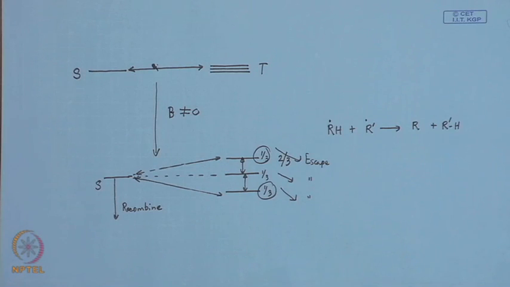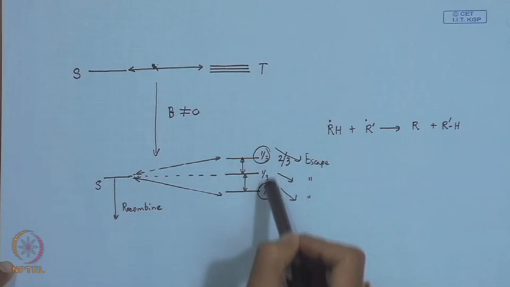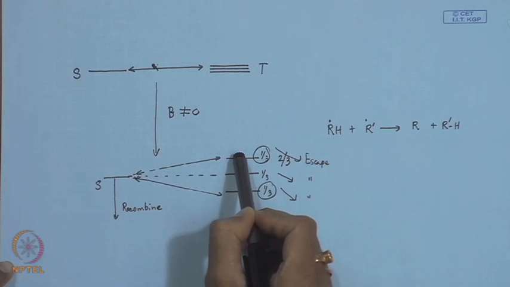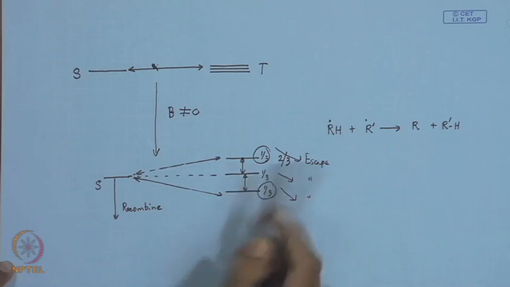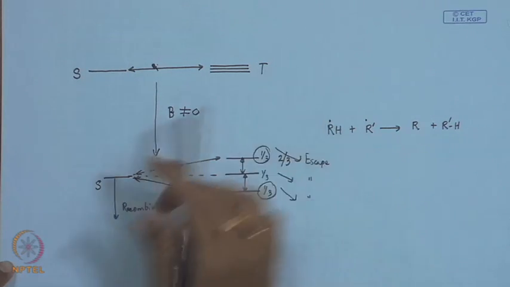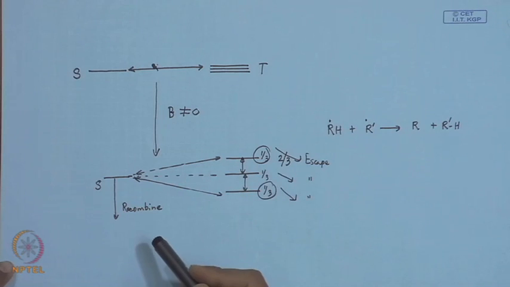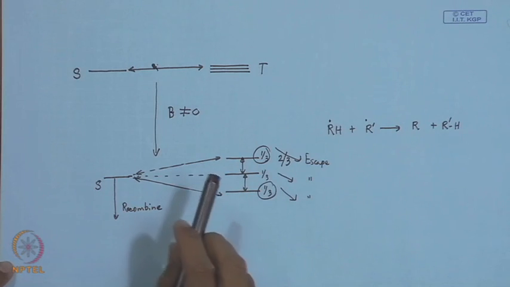But when you apply external magnetic field, what is going on? 2/3 of the total population is now here, one third is here, another 1/3 is here. So they are energy wise more compared to this singlet and T0. Therefore their option is only to escape, producing cage escape products.